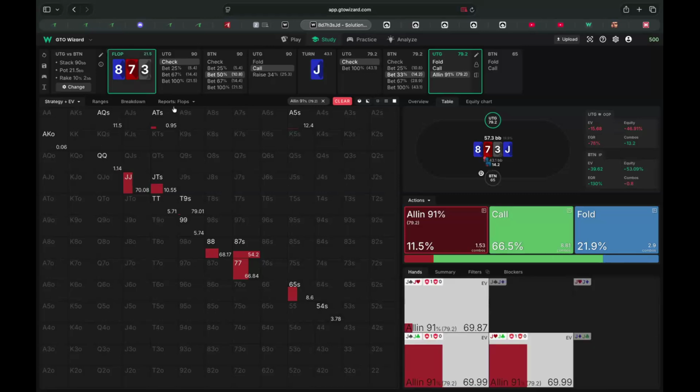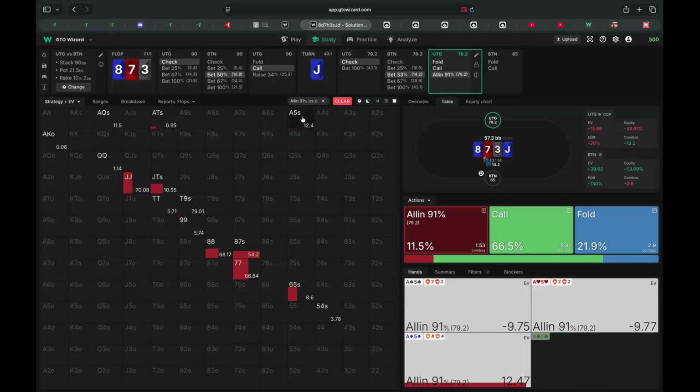In theory the solver does jam with that, and this might be enough to where we get to the calls with kings, unblocking his ace ten and ace five bluffs. Yeah, because ace ten can hit an ace against kings, right?